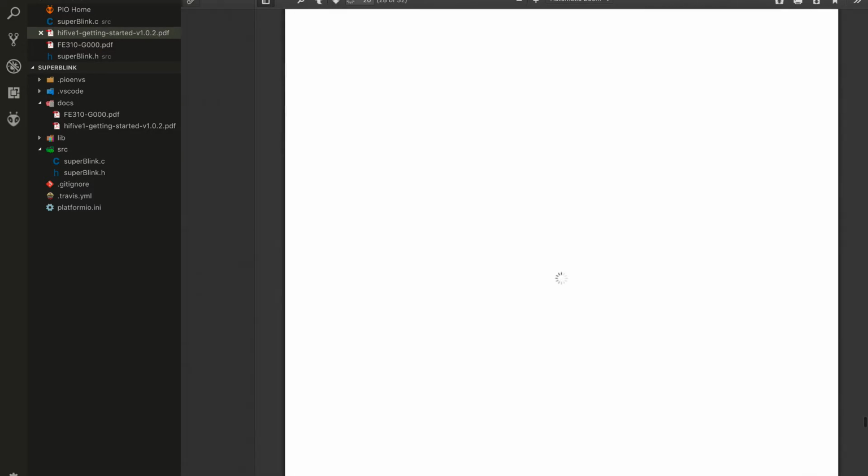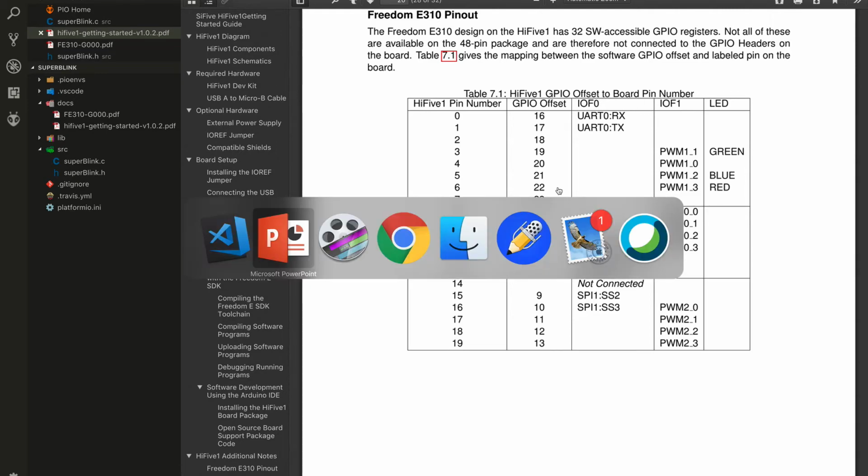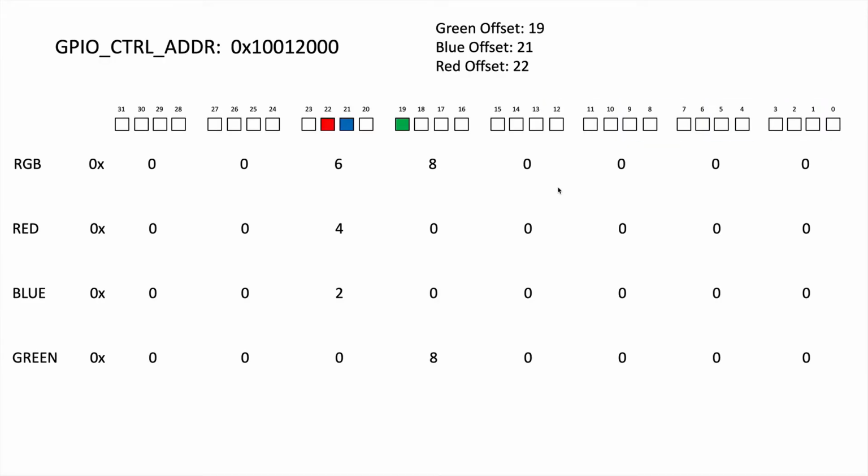So if you recall, when we looked at the Freedom E310 pinout, we have the green, red, and blue, and here's our GPIO offset of 19, 21, and 22, and so that represents this bit field in this 32-bit register. Because that's a little bit confusing to talk through, I drew a picture to try and help you understand what's going on.